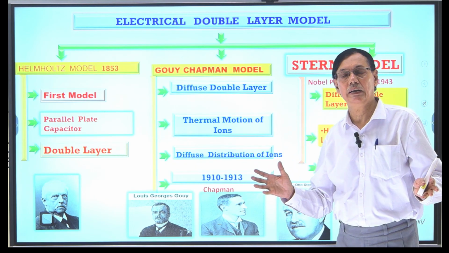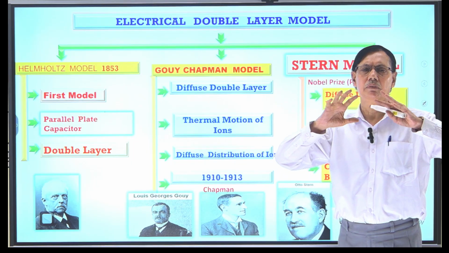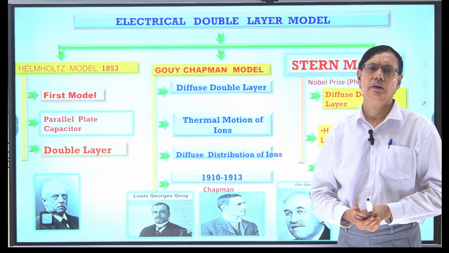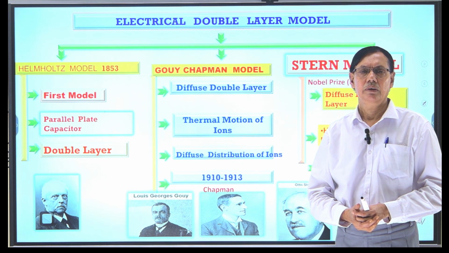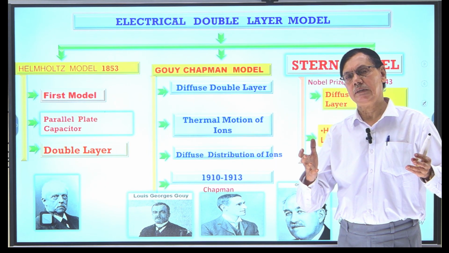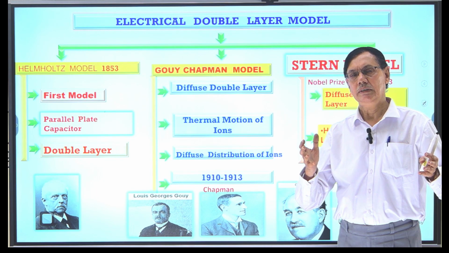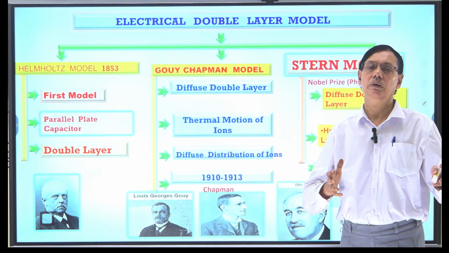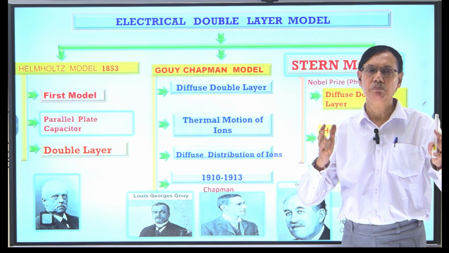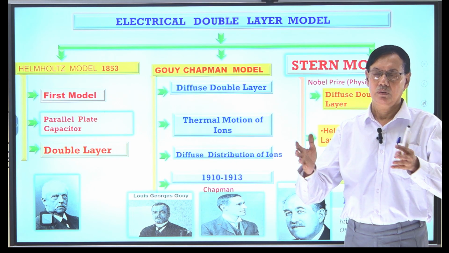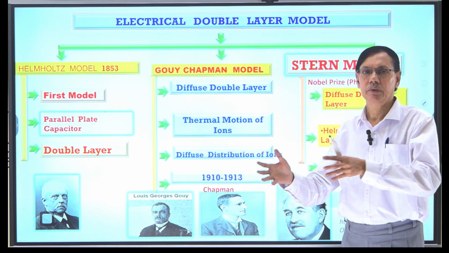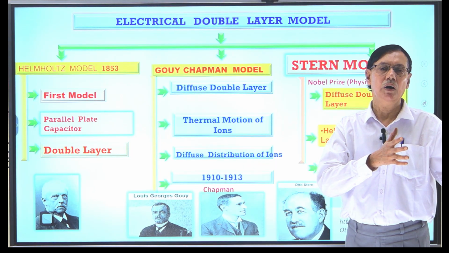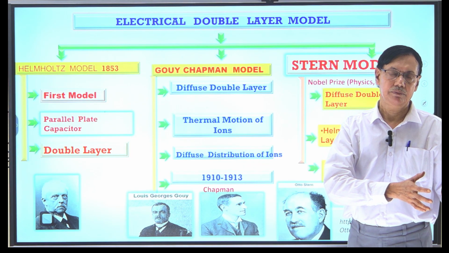He actually finalized, given a complete understanding of this electrical double layer. And आप बोल सकते हैं कि what is the definition of Stern theory? It is nothing but the combination of Helmholtz theory and Gouy and Chapman theory.